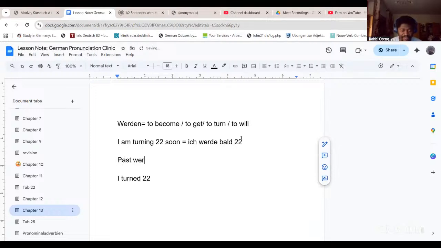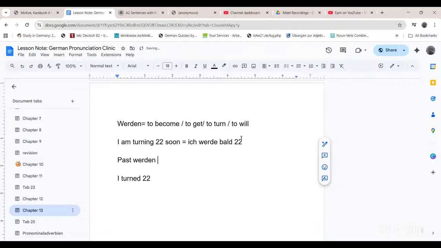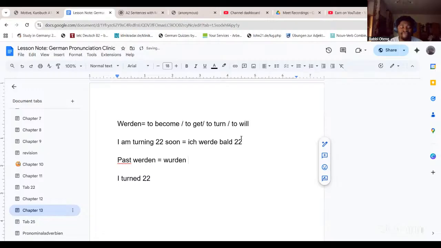The past tense of werden is wurde. Speak the u well. So we won't assume that you are saying würde, which is the conjunctive. So the past tense of werden is wurde. Became, turned, got.